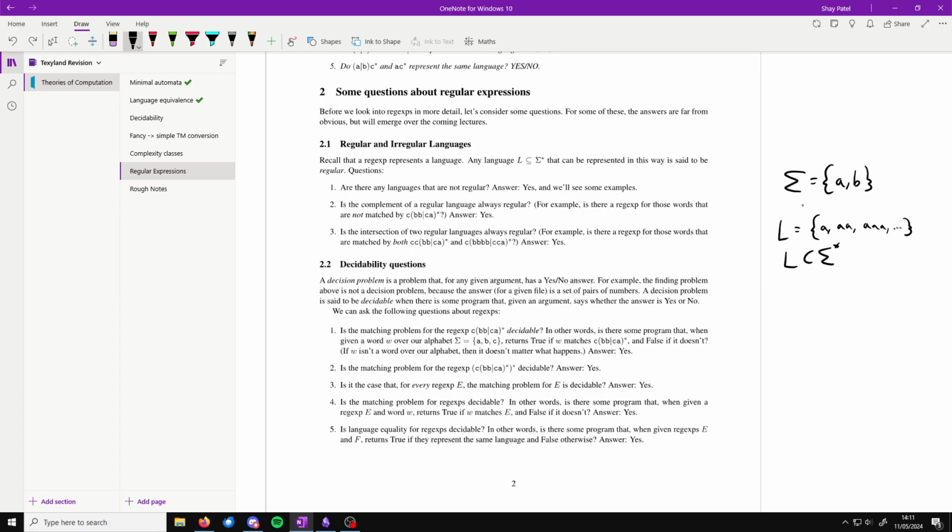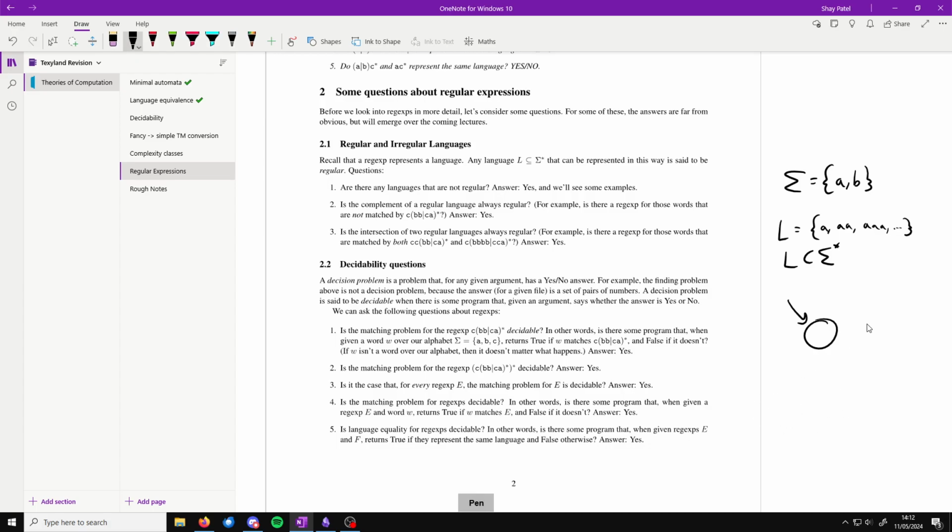This is an example of a regular language because we can describe it as a deterministic finite automaton. For a language to be representable as a regular expression, that means we can also represent it as a DFA. And we can imagine something like this. If we had an initial state, we want to accept anything with 1 or more A's. So this is the same as A plus, or A and then A star. This is the language that L is representing.